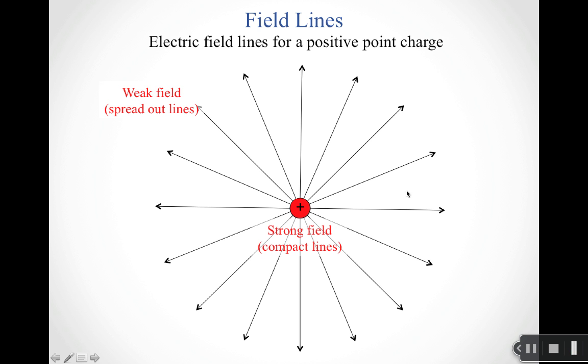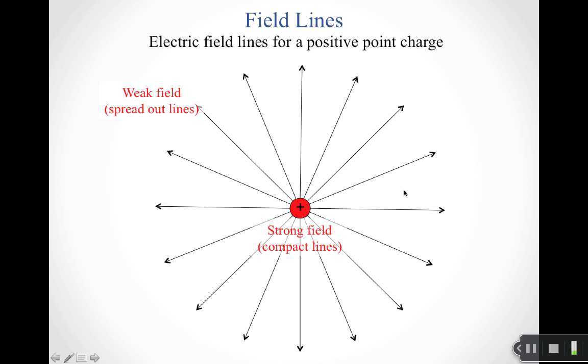At this particular point, basically what we would do is interpret that all of these lines are pointing away, so since my lines point radially away, the electric field should point radially away from my charge here.